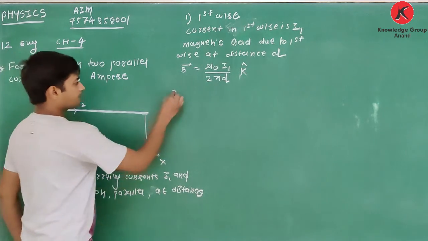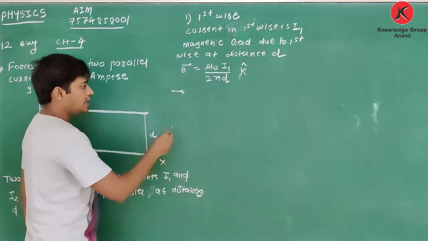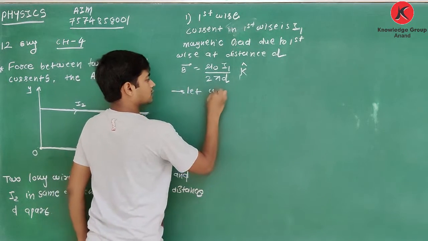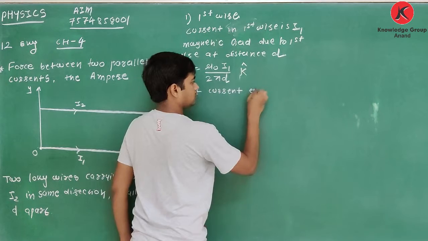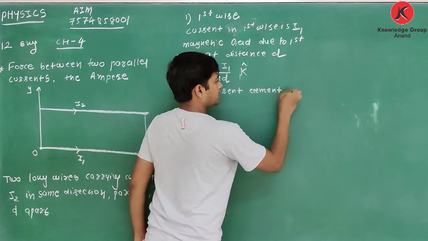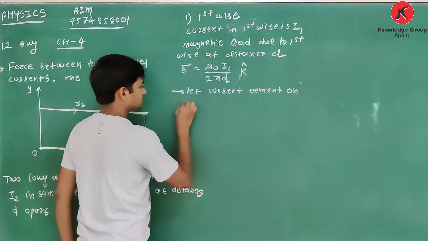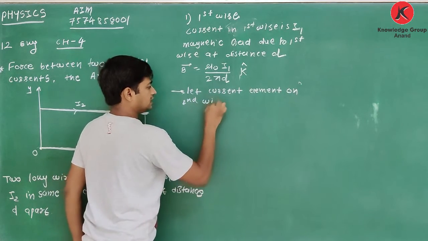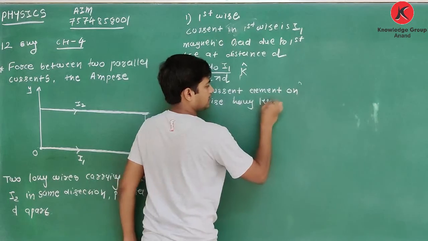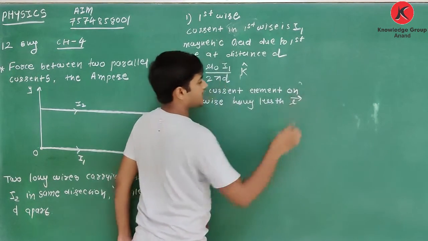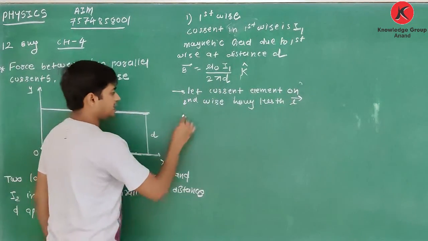Now let a current element on the second wire have length L. What is the current element?